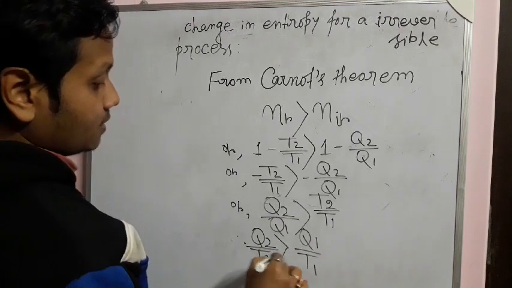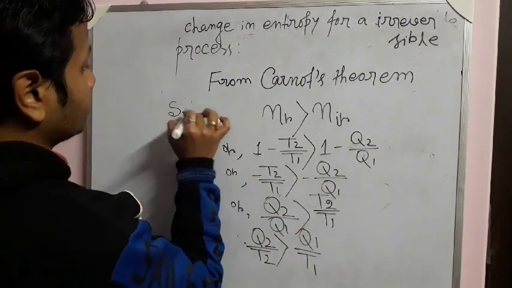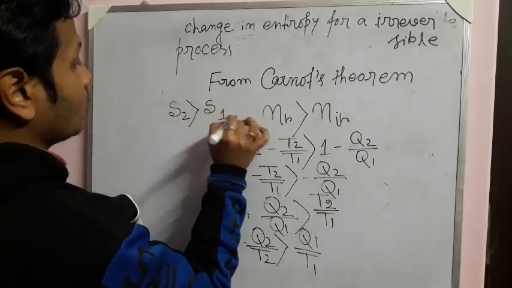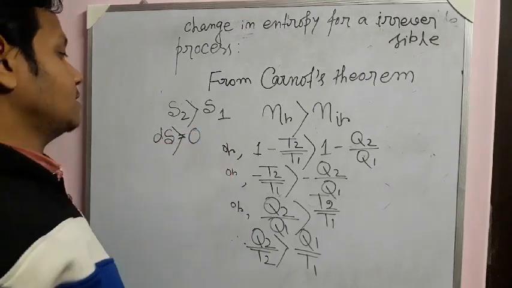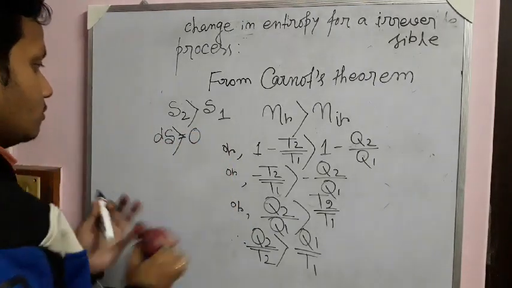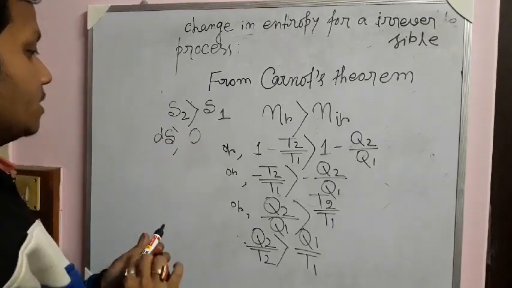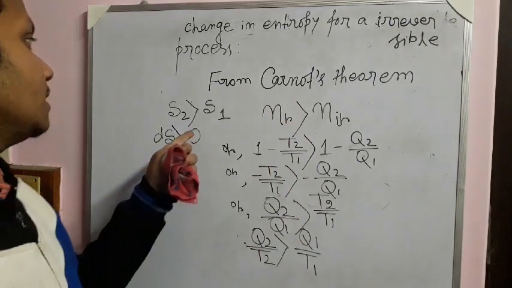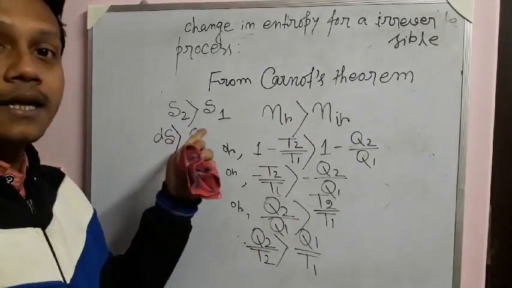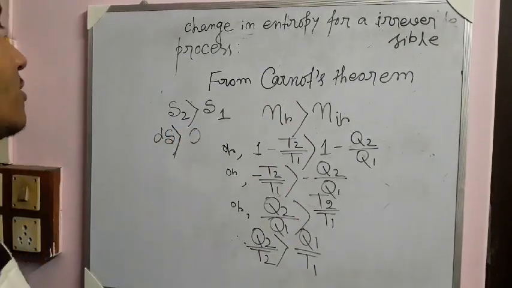So this is the final entropy and this is the initial entropy. So what will be the result? The result will be positive, that is greater than 0. So by using Carnot theorem, we can clearly check that the final entropy is greater than the initial entropy. That means the change in entropy is positive.